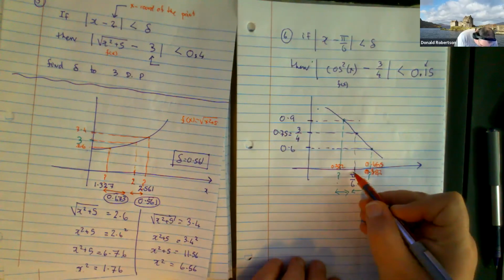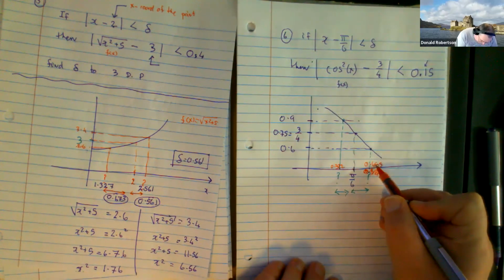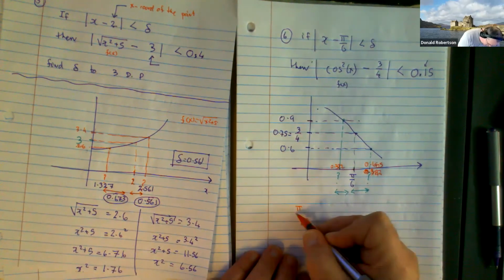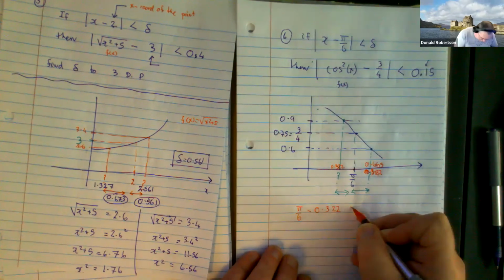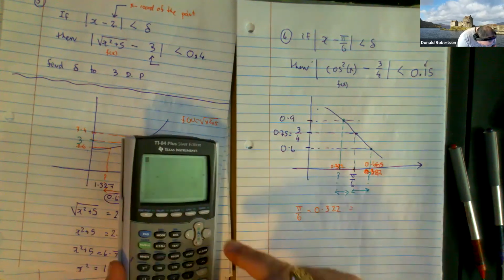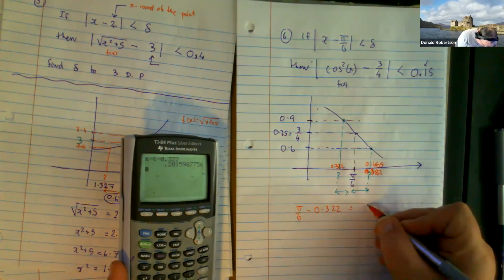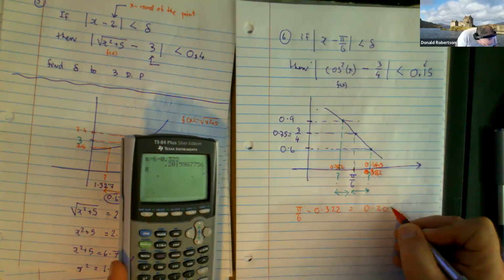I want to know how far away that value of x is from the middle. So let's see. If you're doing this one, pi upon 6, take away 0.322. I need a decimal here, so there's pi divided by 6, subtracting this number. And the answer I get is 0.202.